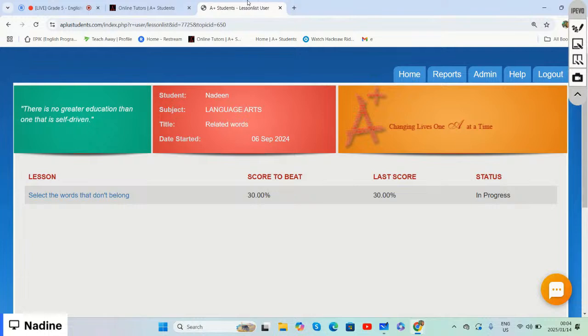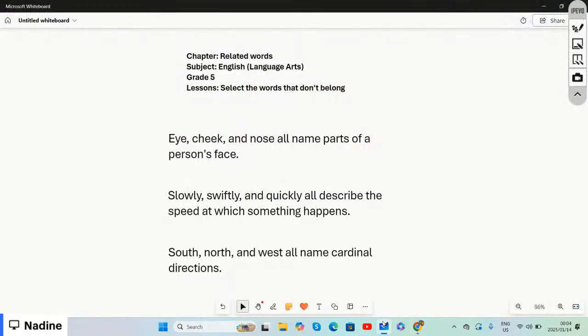All right. So our chapter is related words. Our subject is English Language Arts. We're doing grade 5.